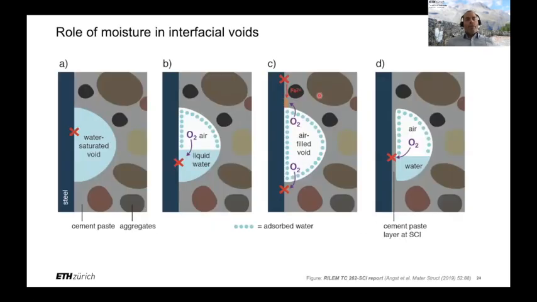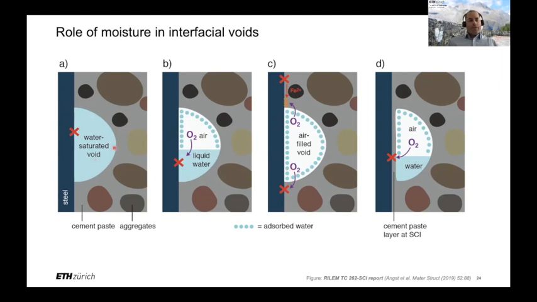Now, the role of moisture in interfacial voids, we were hypothesizing about that in the RILEM Technical Committee 262-SCI. And as you can see from these schematic sketches, there seems to be an influence whether or not these macroscopic interfacial voids are filled with water, partially filled with water, or completely filled with air.